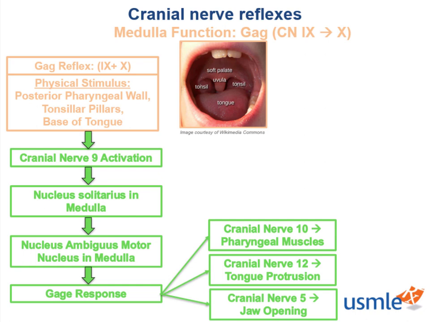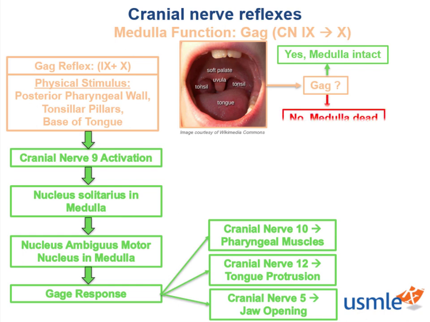As you can see, the simplified cranial nerve 9 to 10 is a simplification for this reflex arc. But the boards really want you to understand that this assesses the health of the medulla. So ask yourself, if stimulated, does the person gag? If yes, the medulla is healthy and intact. If no, the medulla may be dead in the context of a brain death examination.